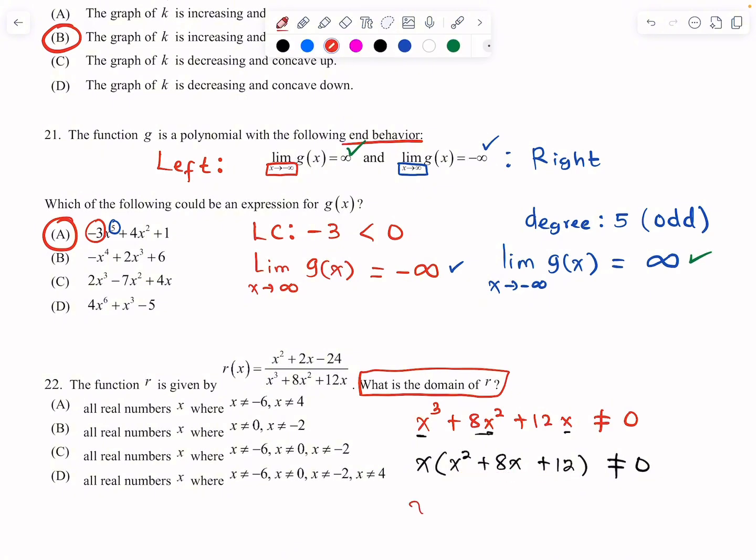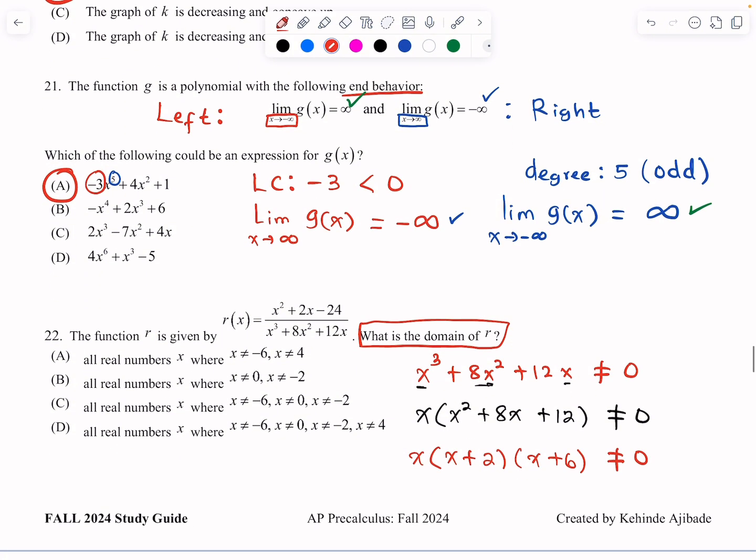I'm going to have x. And then if I factor that correctly, I have x plus 2 and x plus 6 is not equal to 0. And then in this case, it means that my x should not be equal to 0. My x should not be equal to, what is the opposite of positive 2? Negative 2. And then my x should not be equal to the opposite of positive 6, negative 6.